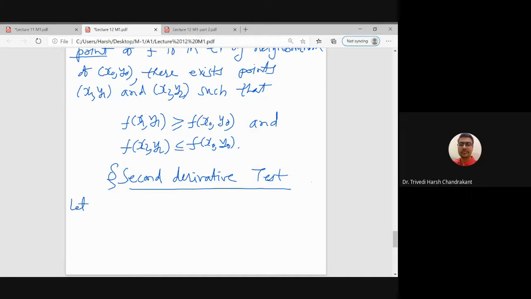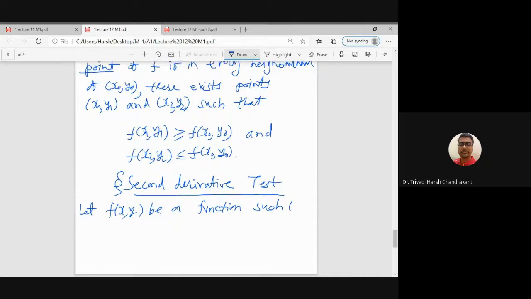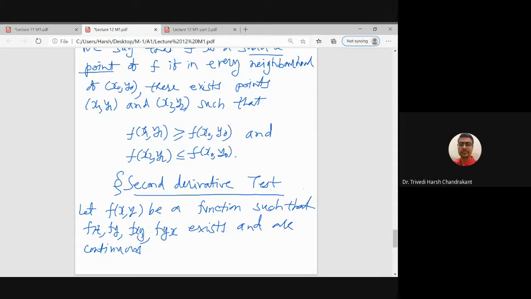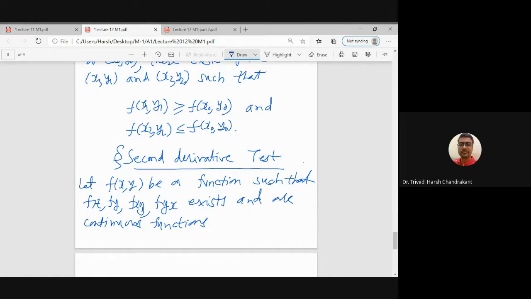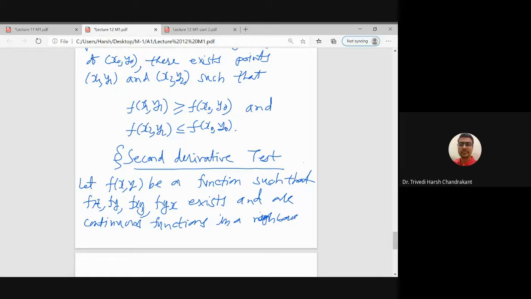This says: let we have a function such that fx, fy, fxy and fyx, all these partial derivatives exist and are continuous functions in a neighborhood, so in a domain, let us say the domain of the function.